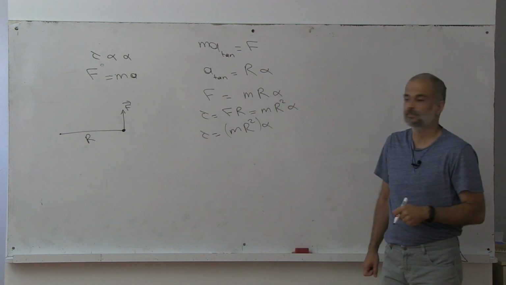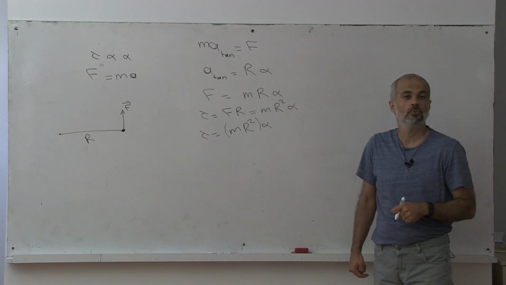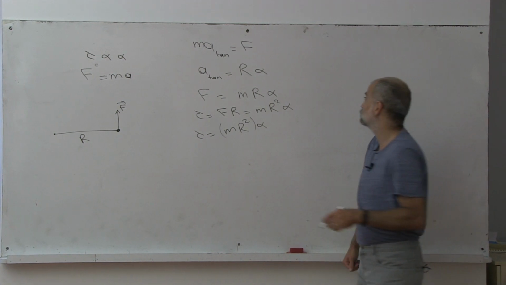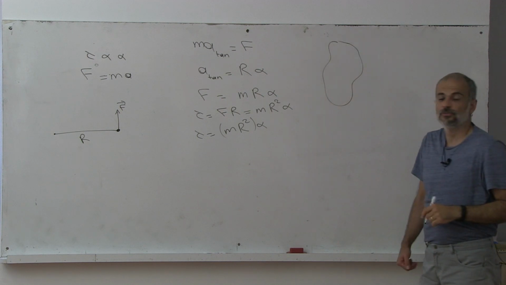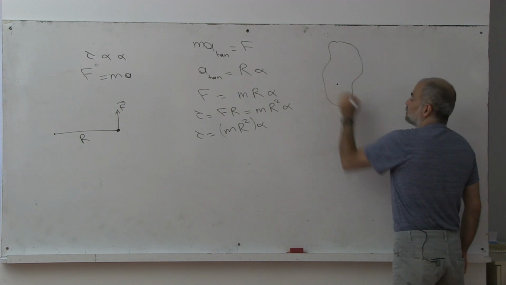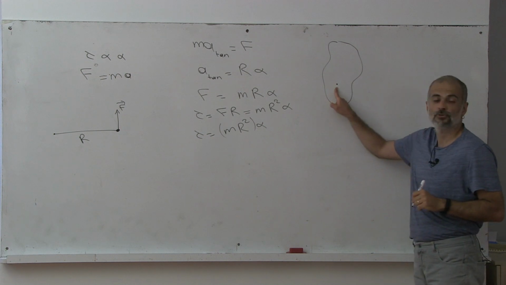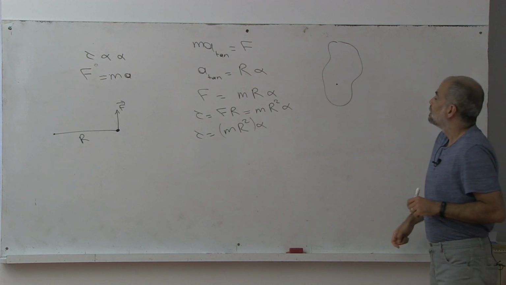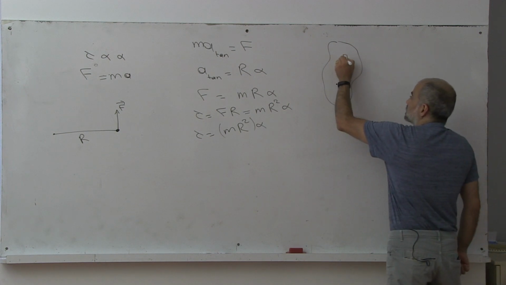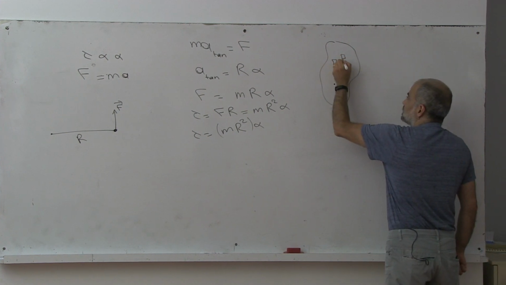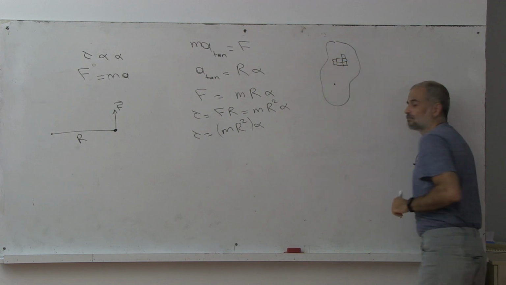Now let's see what happens if we have more than one point object. We can consider an arbitrary system rotating around some fixed point; this is the rotation axis. We can divide this system into very small parts. It can even be a collection of different point-like objects.